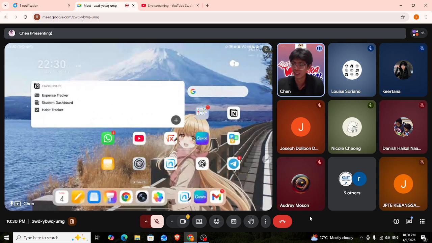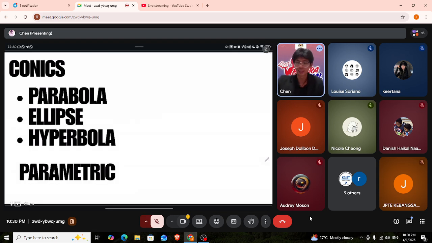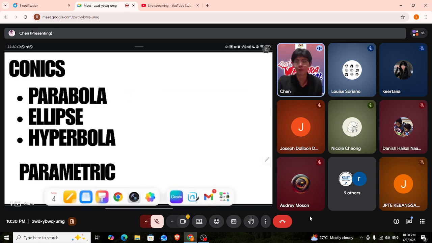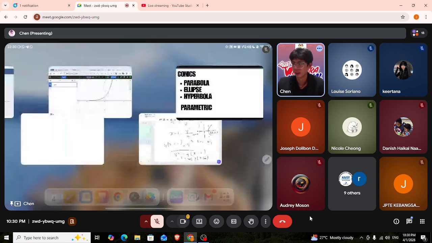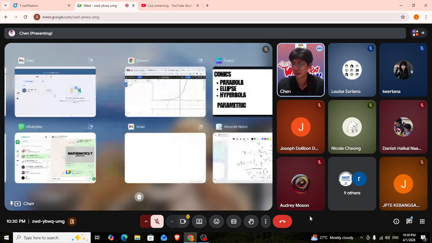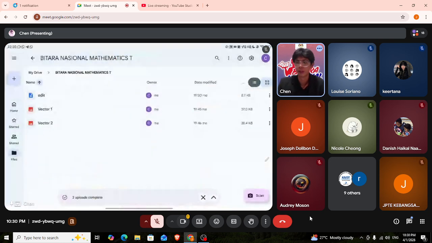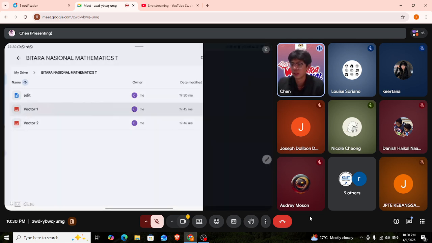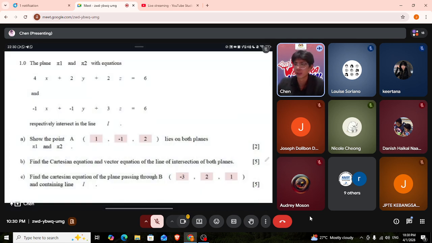Vector has a lot of things you have to consider, but instead, what I have for you guys is this. Where is it? I have to find it right here. This is my Google Drive where I have these two vector questions. I'll just show you guys. For example, this is a two planes equation.